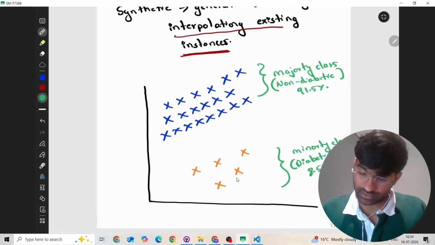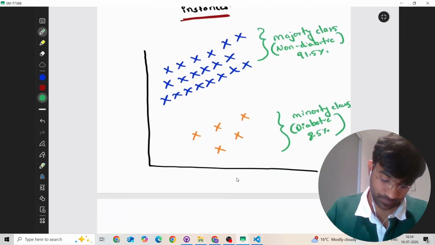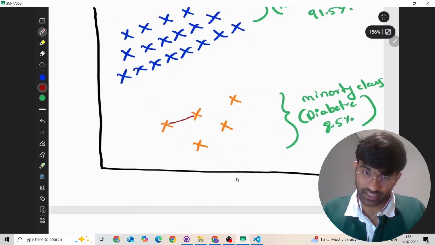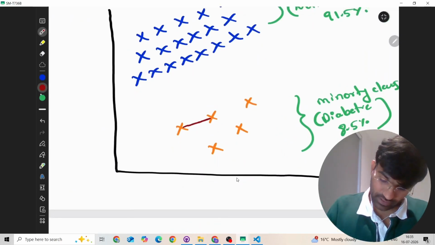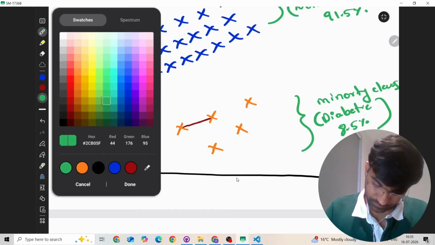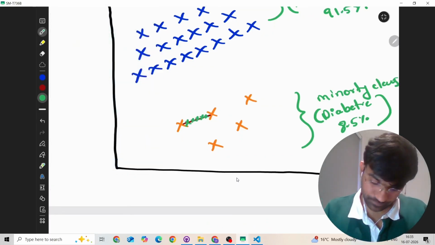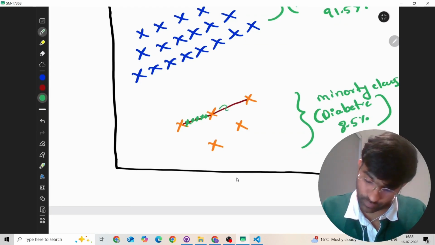So what is generating data by interpolating existing instances? What SMOTE does is it will connect two nearest points and generate data on that line.